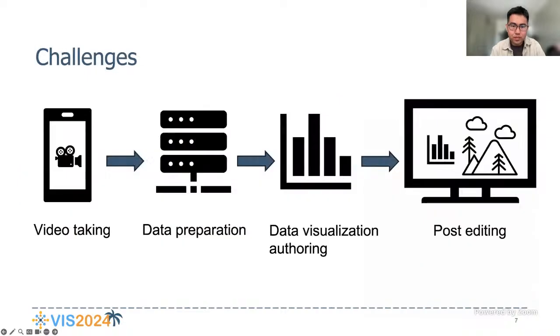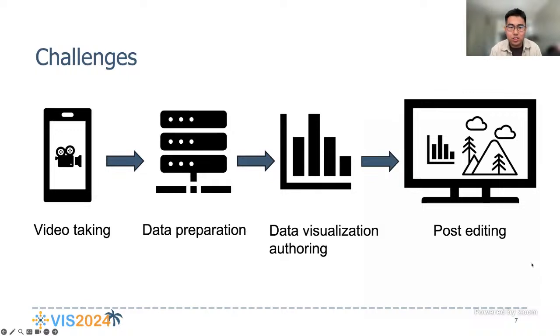However, the current workflow is not optimized for in-situ creation and rapid data visualization embedding. The workflow is similar to this one. We first take the video using a mobile phone, and then we prepare the data and create data visualization. Finally, we use the tools with post-editing techniques to add the visualization back to the video.